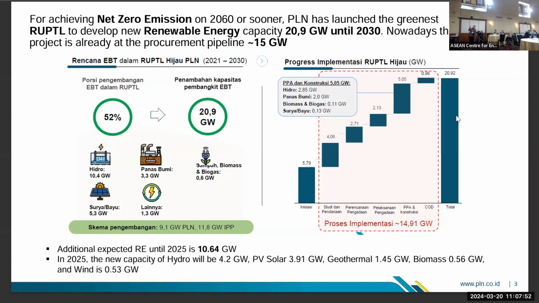But the remaining is in construction, the procurement process, and also study and funding. So for this planning, we would like to build new hydropower 10.4 gigawatt.